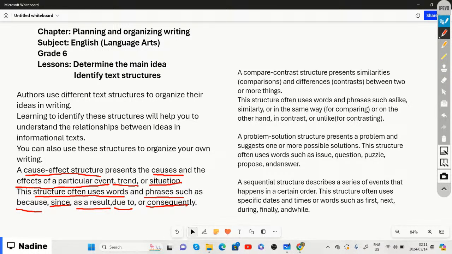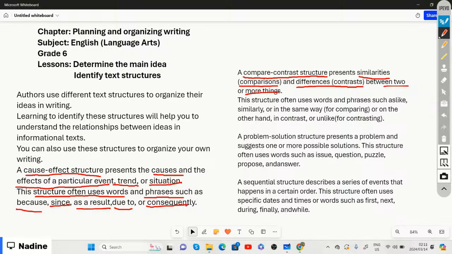All right. And then we have another type of structure, which is a compare and contrast structure. It presents similarities, where you're making comparisons, and it also presents differences, which is the contrast between two or more things.